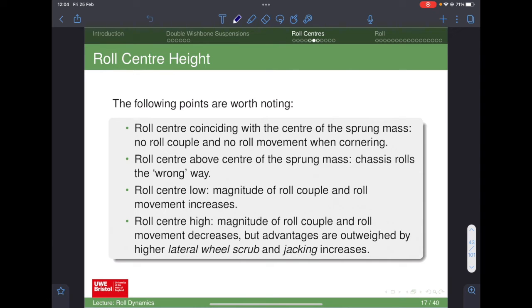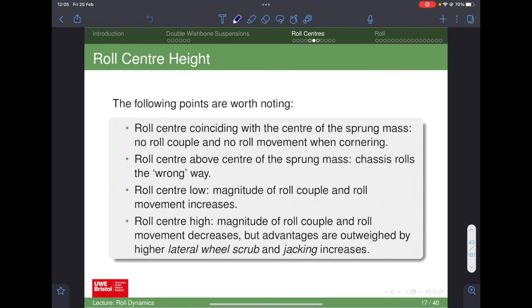This is one of the situations with short swing arms, where you end up with a very high roll centre. Old-fashioned cars often had swing arms that went out, short swing arms, and what you get with that is a very high roll centre and, like I said, jacking.